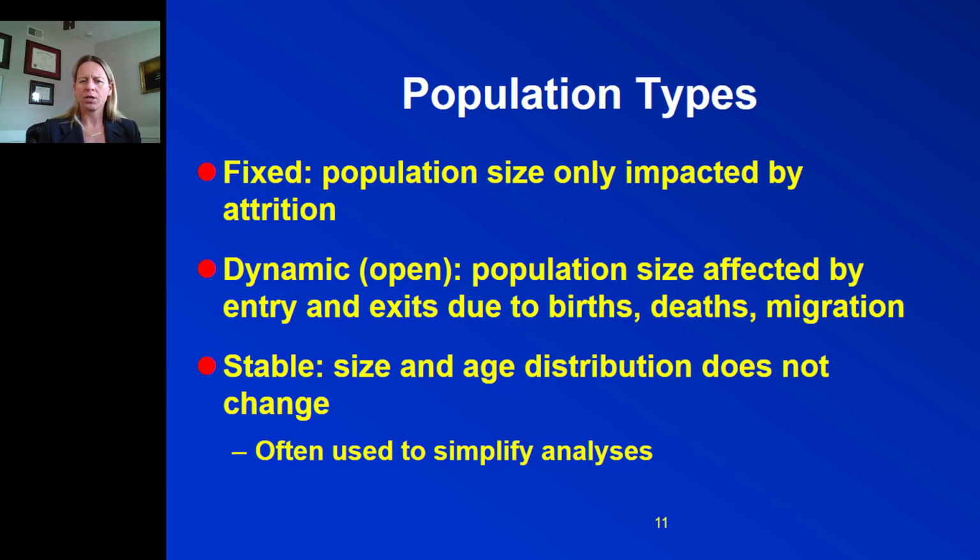And then a stable population is when the size and the distribution by certain characteristics such as age do not change. This is generally the most simple type of population, and it's one that we tend to use when discussing basic epidemiological concepts. So we really in this class are not going to differentiate between a fixed and a dynamic population. We're generally assuming that our population is stable, unless otherwise stated.